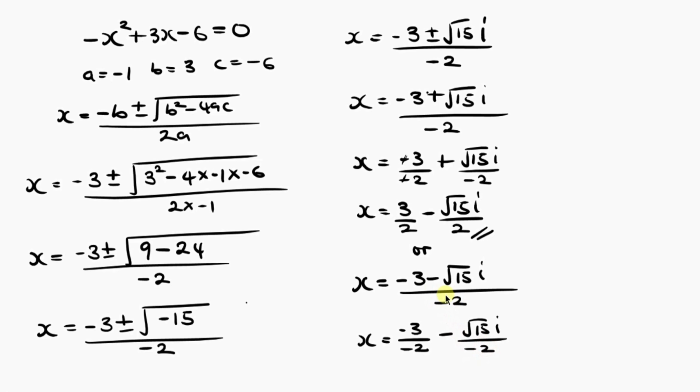I just separated the denominator, right? Cool. Now watch. Negative can go with negative here, right? So this gives us s to be equal to 3 over 2. Now, minus times minus gives you plus root 15 times i over 2. Now, this is the other root.